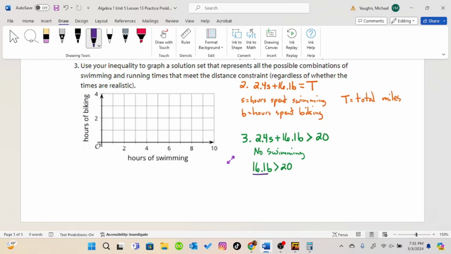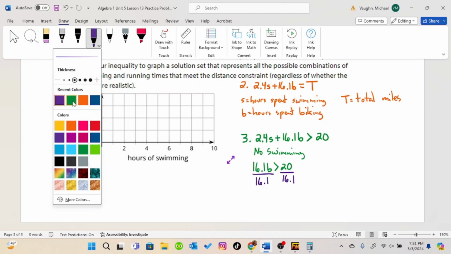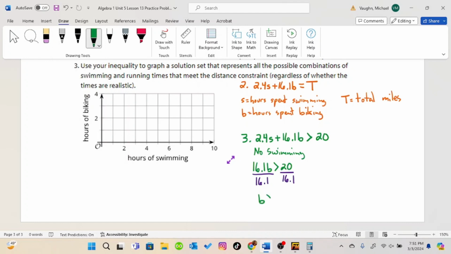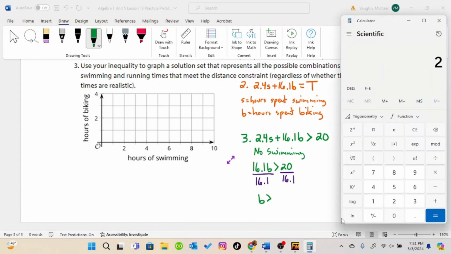Now we're going to divide both sides by 16.1. And that gives us b is greater than approximately 1.2.